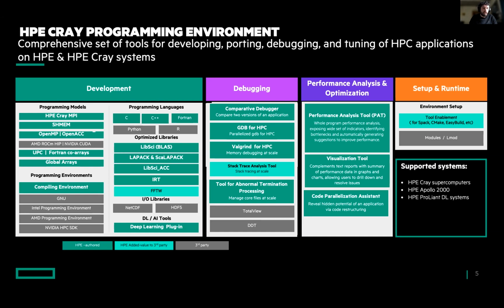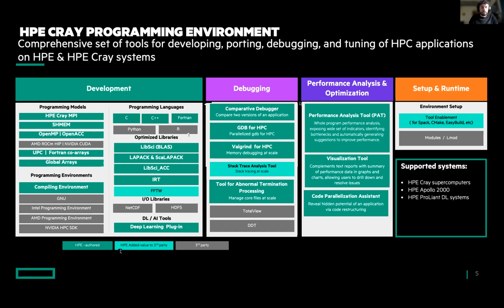We have CRAY MPI, SHMEM, OpenMP, OpenACC, support for AMD HIP and CUDA, UPC, Fortran co-arrays, global arrays, this type of thing. Support for different programming languages: C, C++, Fortran, Python, and R. Our contribution there is our compilers for C, C++, and Fortran, and our support for the different programming models within those. Various optimized libraries, LibSci, LAPACK, all these types of things, FFTs, etc.